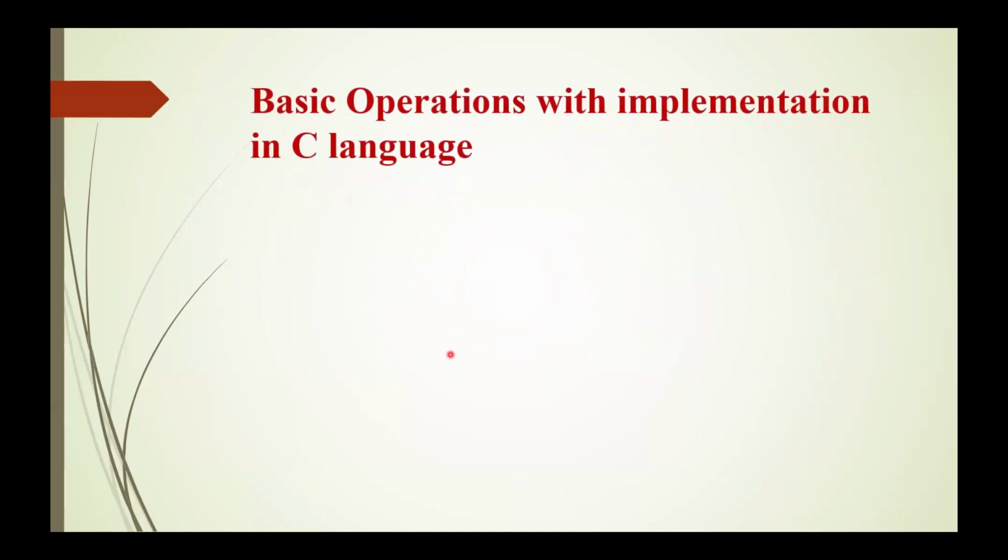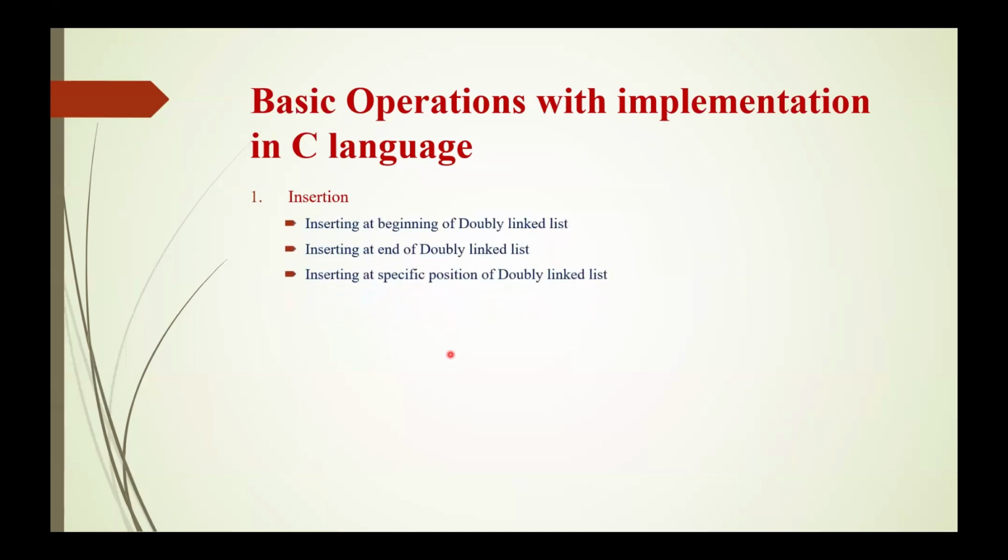What are the basic operations we can perform with the help of the C language? The first one is insertion. Insertion means adding an element into the linked list. Whenever we go for insertion, there are three classifications. First, we insert at the beginning or first position of the double linked list.